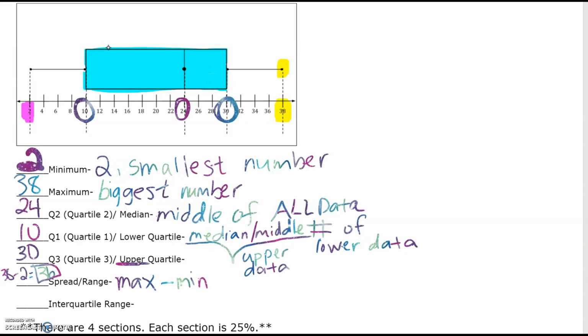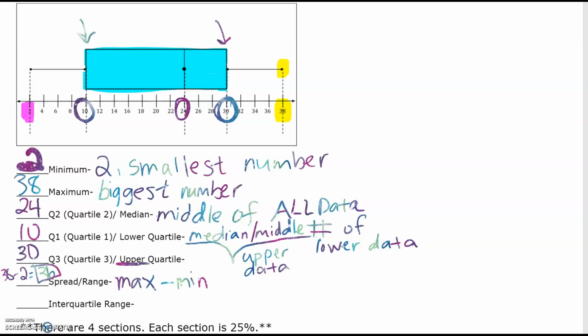So if we wanted to find the range of just that data specifically, then we would take the minimum of that data, which would be falling on here at 10, and then the maximum of that data, which is 30, because it falls over here, and then we would subtract those two, because it's still a range, it's just the interquartile range. So it's the range of that highlighted part specifically.